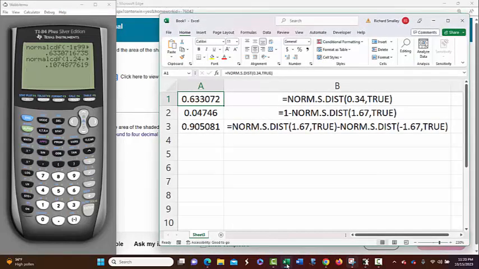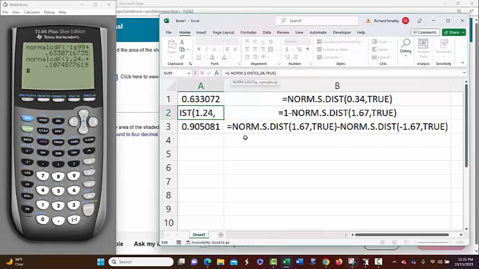In Excel, the true means it's always treated as less than. So the way to figure out greater than, which I showed in the notes, is 1 minus the less than. So we just have to make it 1 minus, and so 1.24. With the calculator, we only have to change the order of the infinities.